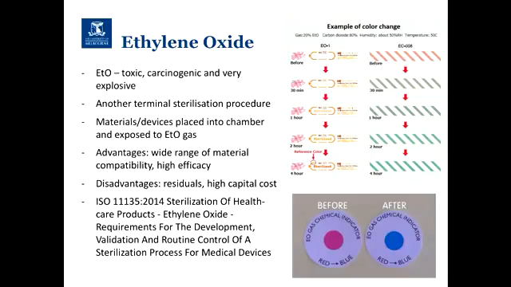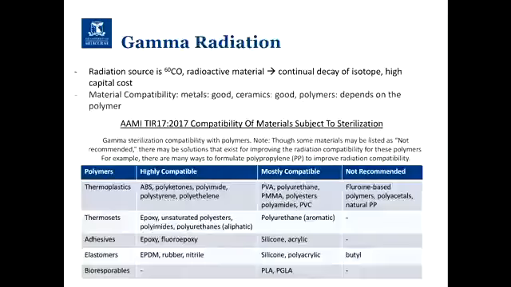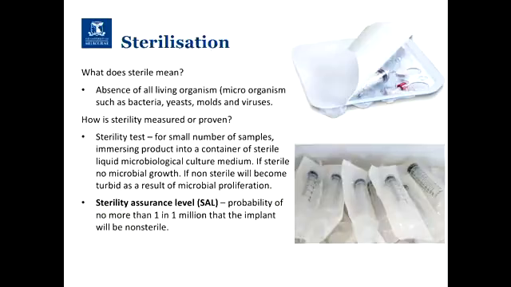What does terminal sterilisation procedure mean? A lot of medical devices, from syringes to catheters, will come wrapped in plastic, or will be housed in something. Sometimes you'll get a catheter kit, a great big kit housed in plastic.